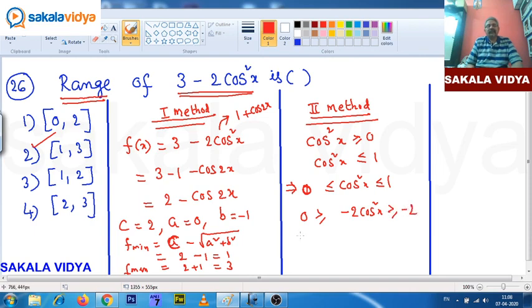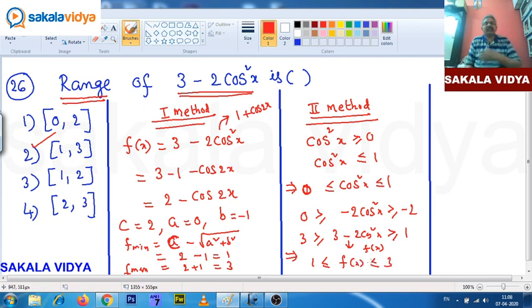Add 3: 3 is greater than or equal to 3 minus 2 cos square x, which is greater than or equal to 1. So, now in the place of this write down the f of x function. So, 1 is less than or equal to f of x, which is less than or equal to 3. This is the second method. So, now the third method.